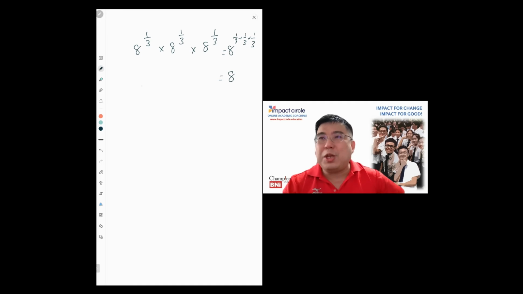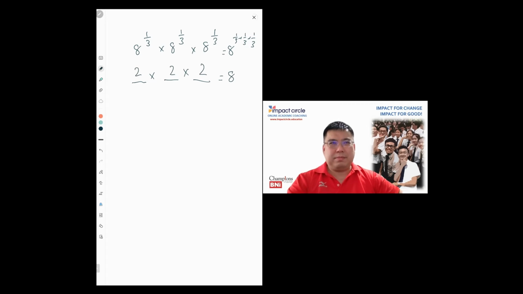So can you think of a number multiplied by itself, with 3 copies, would give you 8? If you do a little bit of experimentation, it's not difficult to see that the number in the blank is just 2, because 2 times 2 times 2 will give you 8. What does this mean? How is 2 related to 8?